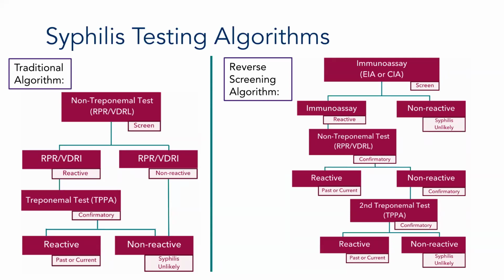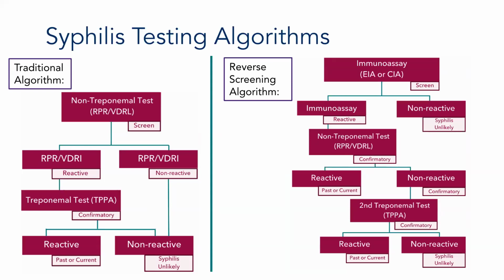If, on the other hand, that RPR comes back non-reactive, then you need to do one more test, which is a second TREP test, also called TPPA here. And same thing here, if the TREP test is reactive, then you've confirmed that that individual has syphilis. You just don't know if it's previous syphilis or current syphilis, and you need a good history and physical exam to make those determinations.